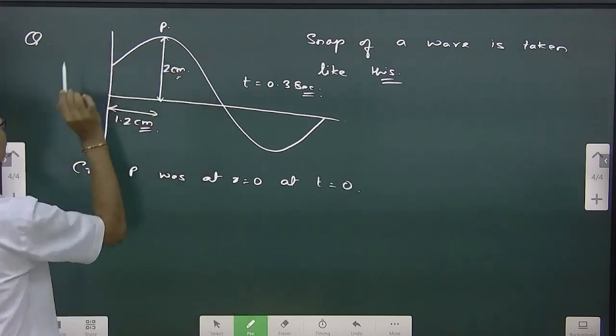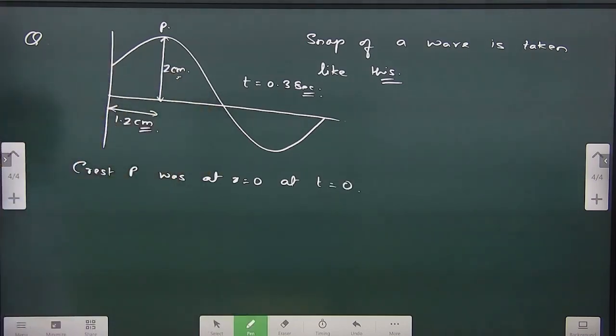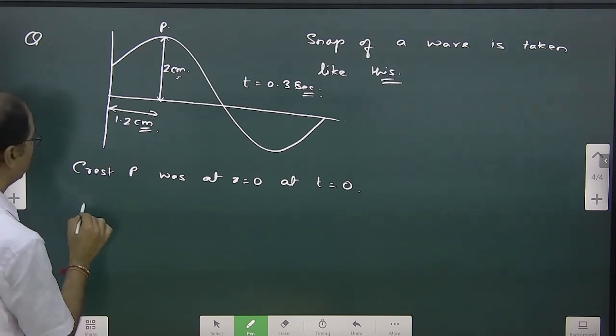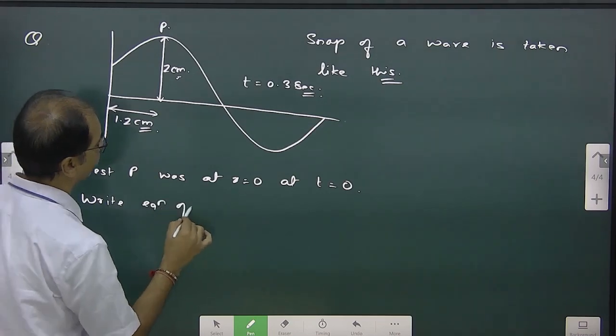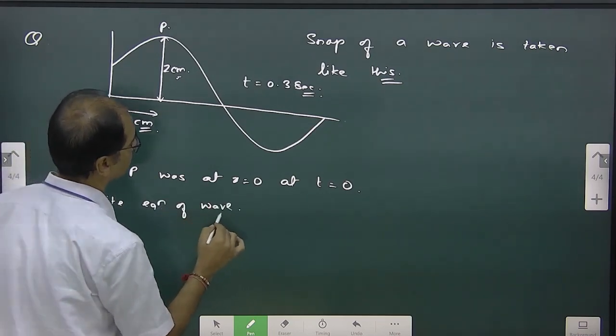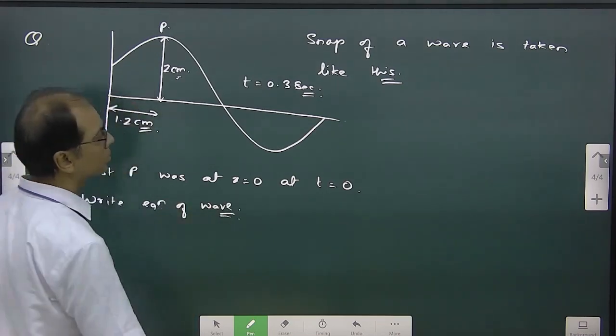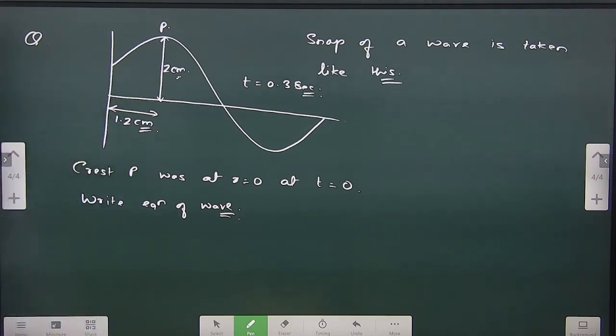This P was here at t equal to 0. Okay. Write equation of wave.